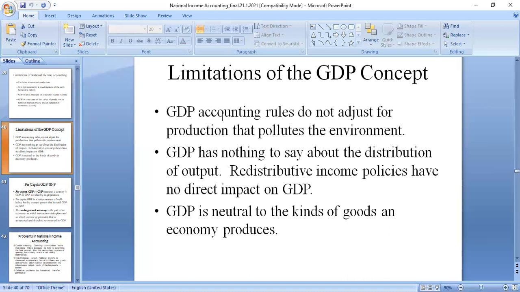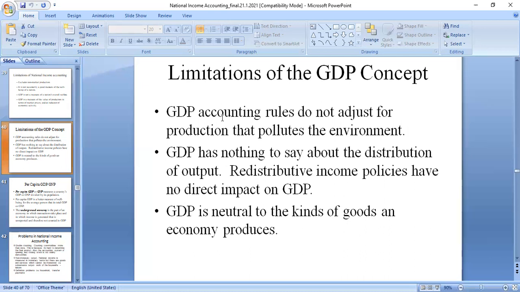But now with the GDP figures, they're simply looking at the monetary value of all final goods and services produced in the country, but they are not looking at all these other external costs, all these other externalities, for example, negative externalities of production, like pollution, right? And then the GDP has nothing to say about the distribution of output.